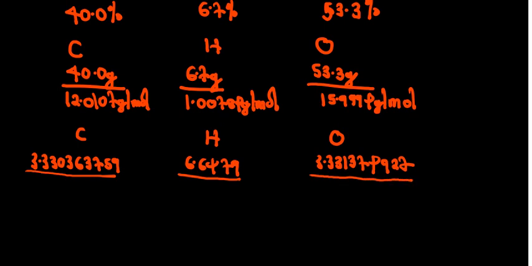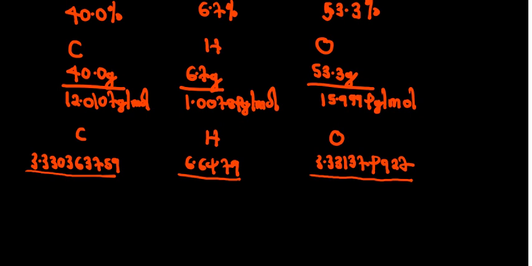And when you check out the numbers here, hydrogen is the highest number, followed by this other number, because when you look at the arrangement of these numbers, this number is slightly bigger than the moles of carbon. The moles of oxygen are more than the moles of carbon. So this is the smallest number that we have here.